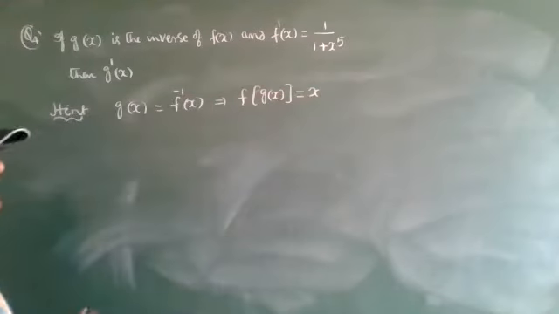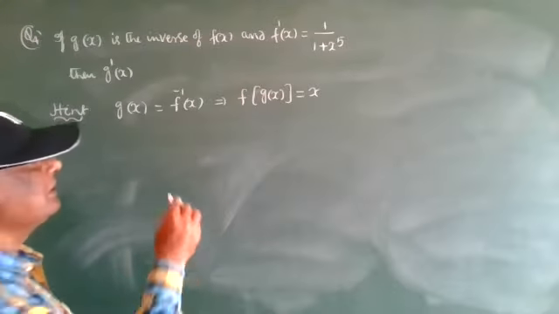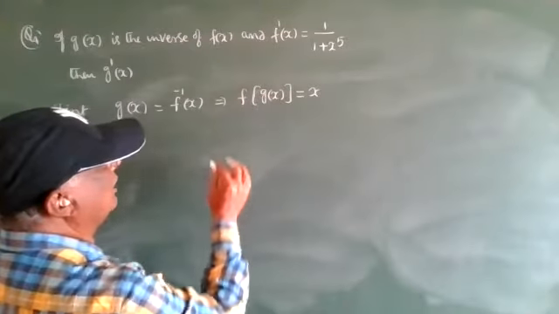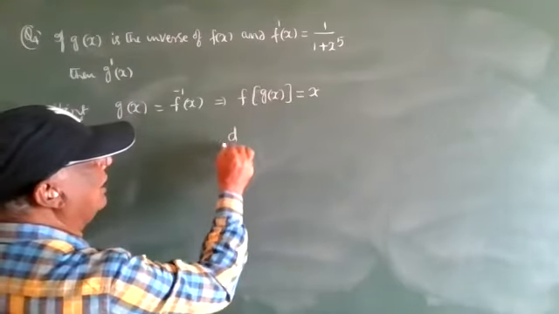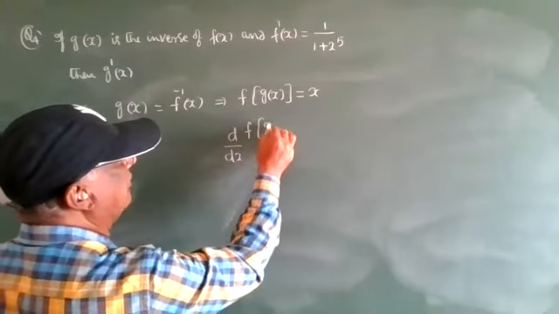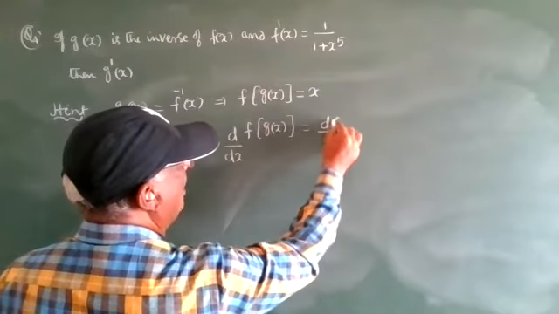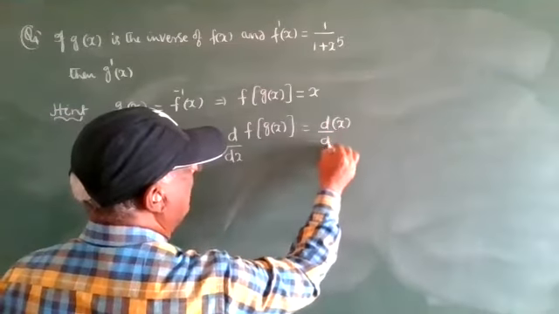So now I am going to apply the derivative with respect to x: derivative of f of g of x is equal to derivative of x with respect to x.